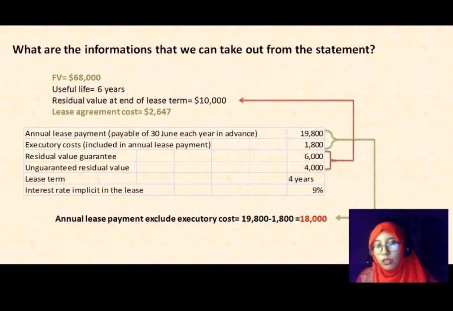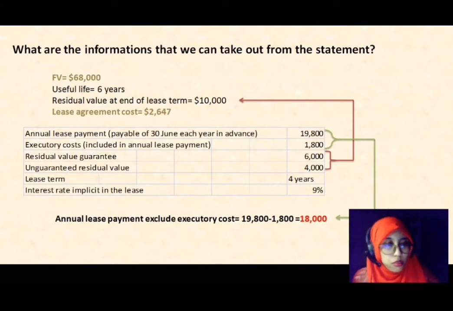Executory cost is the cost used to repay or cover other expenses paid by the lessor. It is not related to the lease because it is a different thing. It is costs like maintenance, maybe insurance, and also property tax. So it needs to be treated differently.